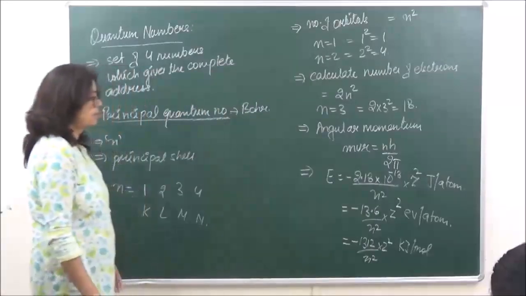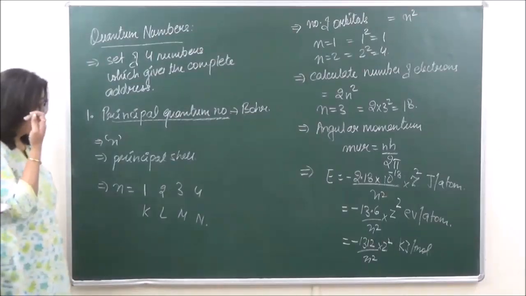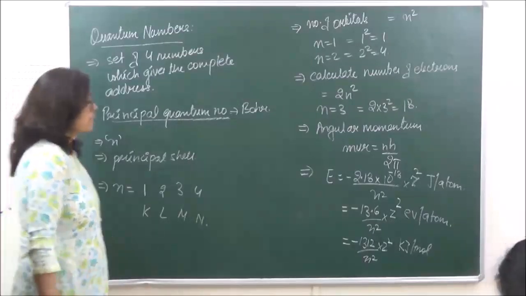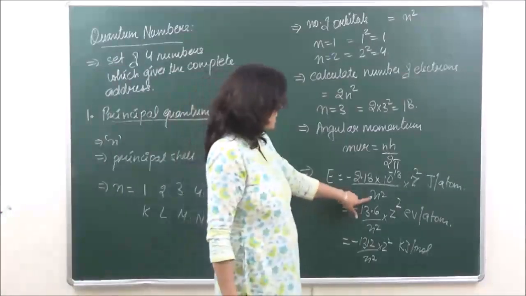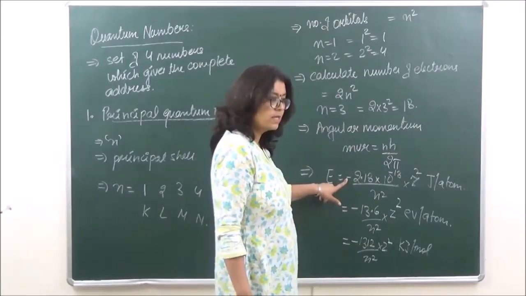Kilojoules per mole, right? And we also know when we are talking of the energy, we say higher the value of n, higher is going to be the energy. Although over here we can see that this is inversely proportional, still there is a negative value associated with it.